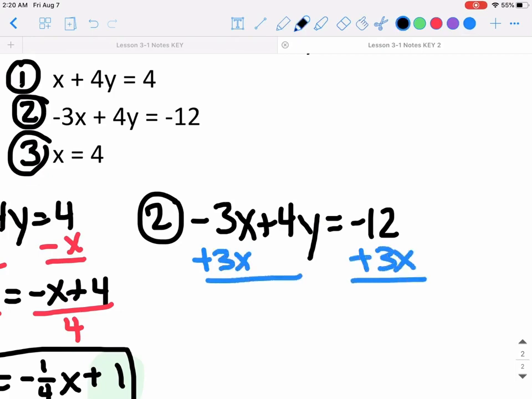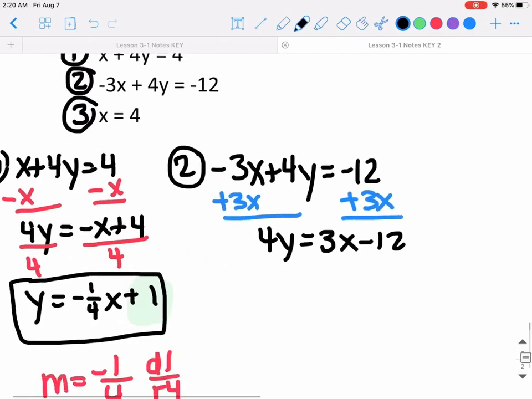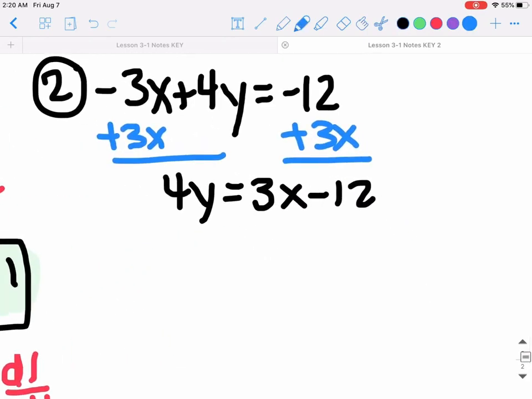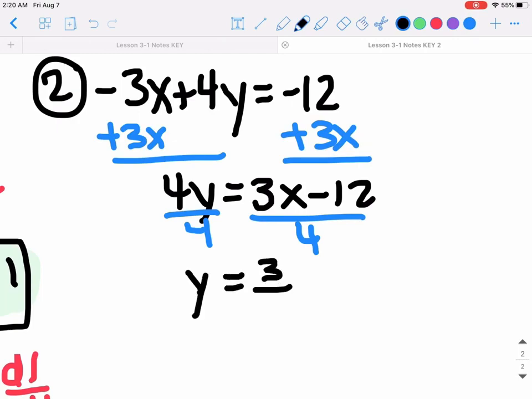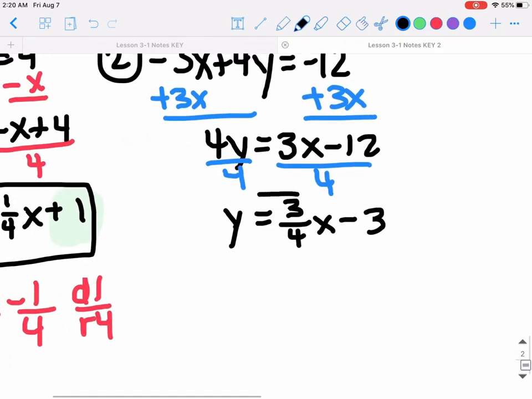I'll get 4y is equal to 3x minus 12. From there, I need this y by itself, so I got to divide by 4 on both sides. And I'm going to get y is equal to 3x divided by 4 is 3 over 4x minus 12 divided by 4 is 3. So this is my equation.